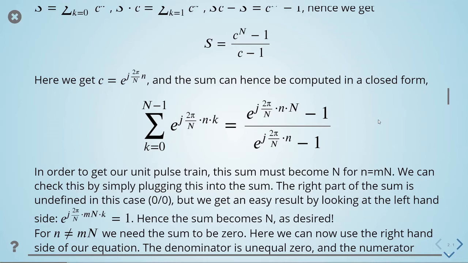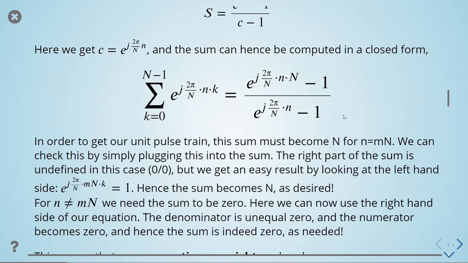Now we need to prove that this is a unit pulse train. This sum must become N for n equal to m times N. So we replace n with m times capital N, and then we see that this part is an undefined case, 0 divided by 0, but this part here is equal to 1, and then the sum becomes N as desired.